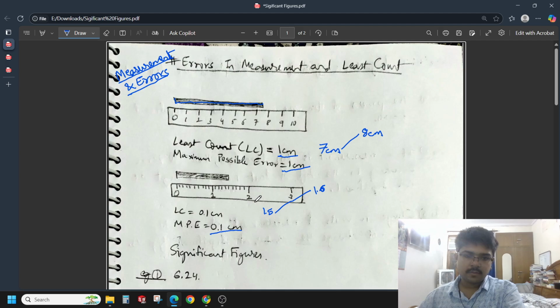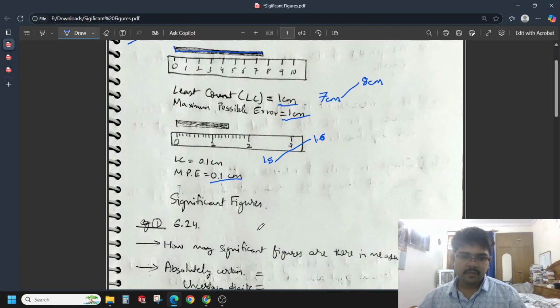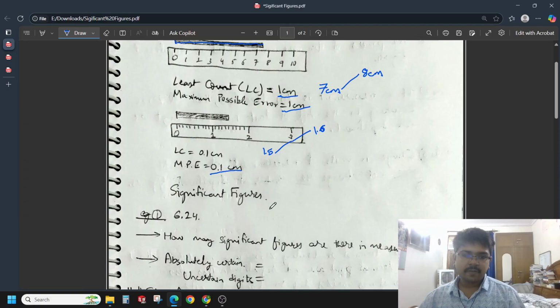Any figure that we have measured consists of two things. Suppose we have measured a quantity with the value 6.24.